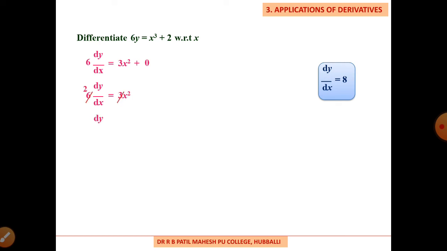To cancel this 3, we get dy by dx equal to x square by 2. But dy by dx is given already, that is dy by dx is 8. Now substitute dy by dx equal to 8 here. We get x square by 2 equal to 8. So x square equal to 16. So x equal to plus or minus 4.